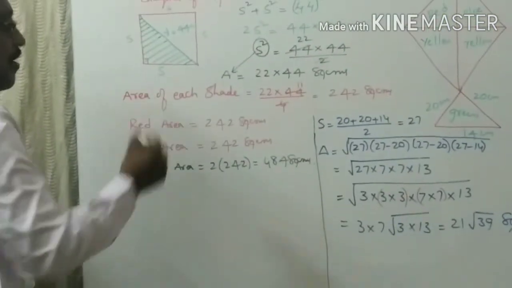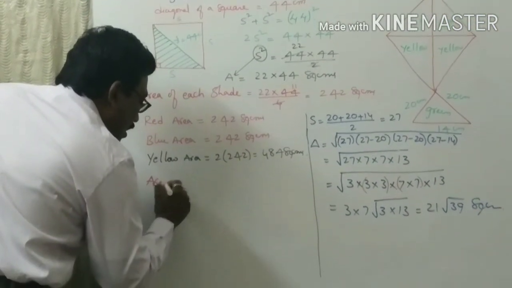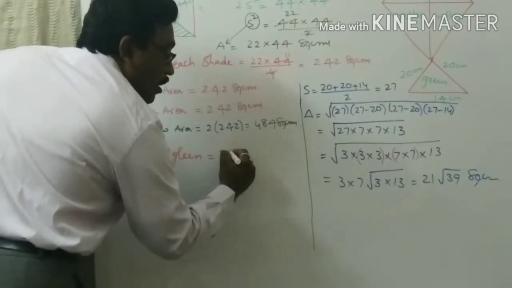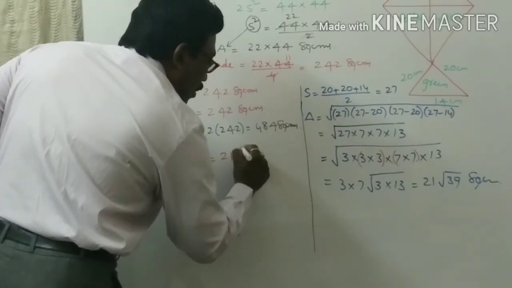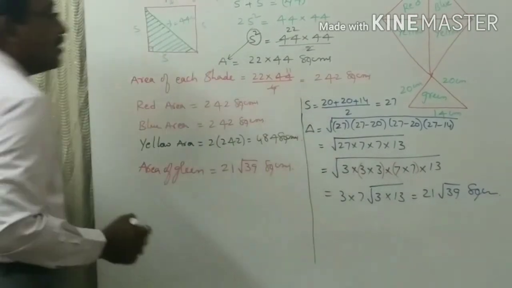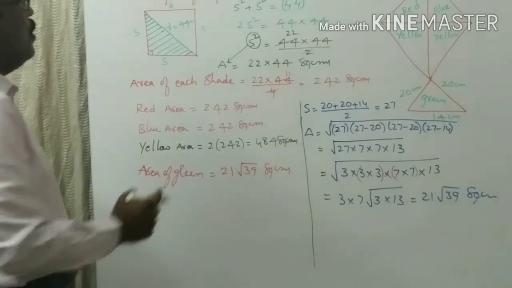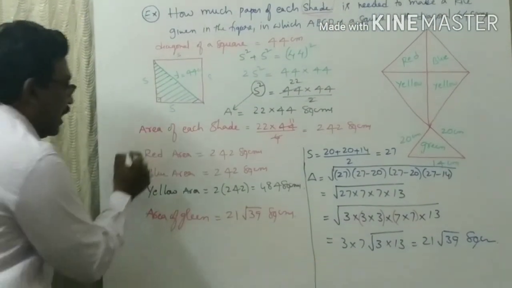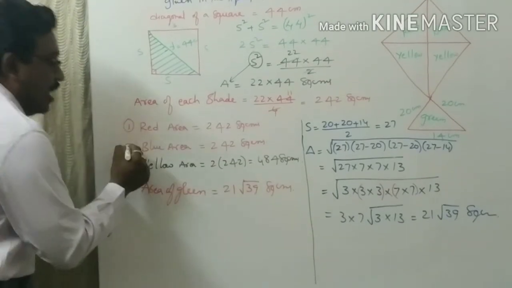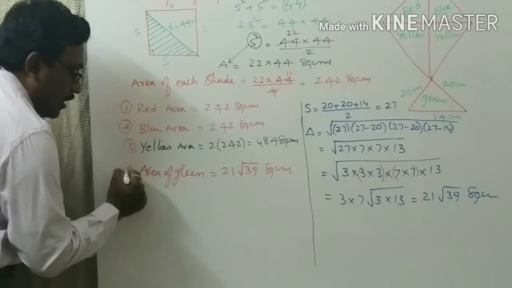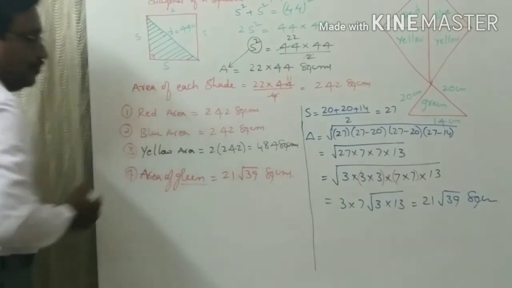Now, area of green is equal to 21 root 39 square centimeters. He asked to find the area of each shade. That means here it is a red color, next one is blue in color, yellow in color, and the fourth one is green.